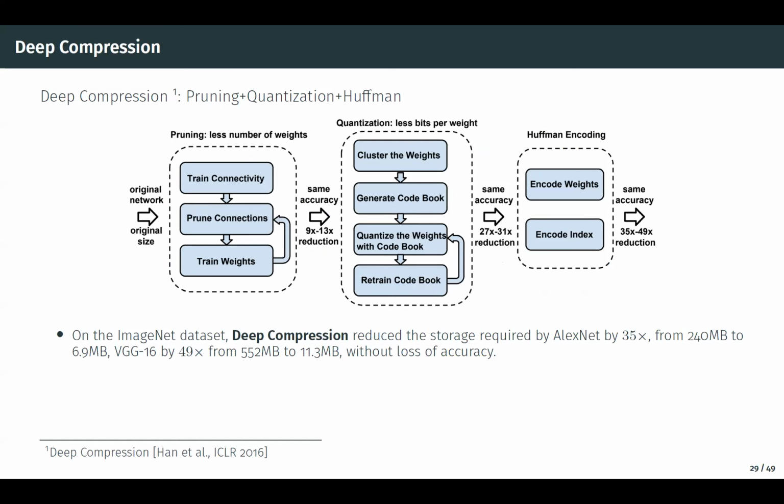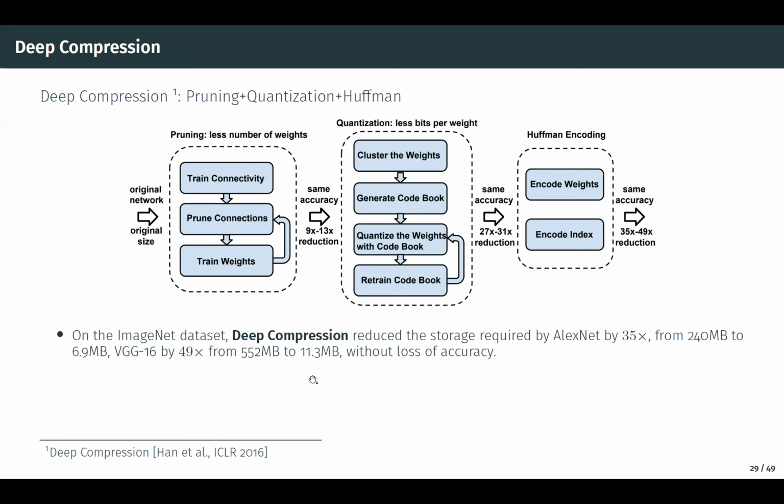So this is a paper that combined these three methods: pruning, which we will discuss in the next section, quantization, and this Huffman coding to find the number of bits to represent the weights.